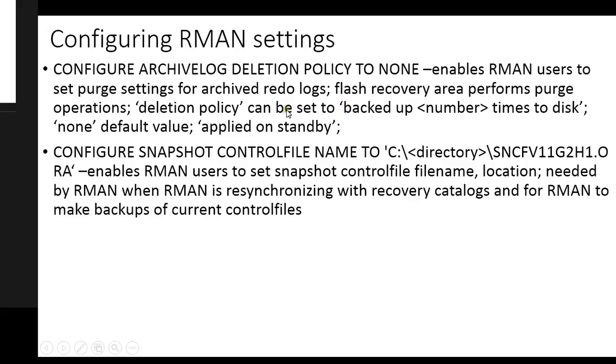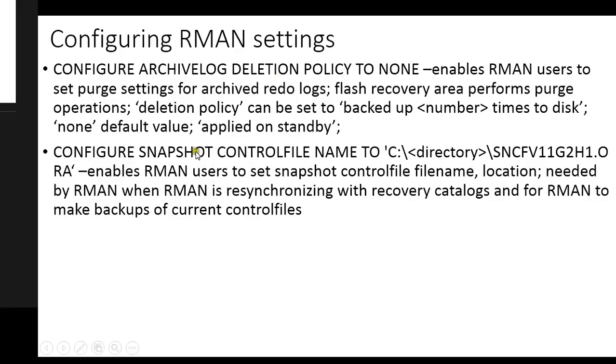You can have a deletion policy to back up a number of times, and you can save it onto disk, or you can do none as I have here, and you can do apply on standby. This is just for archive logs that have been stored for a long period of time.